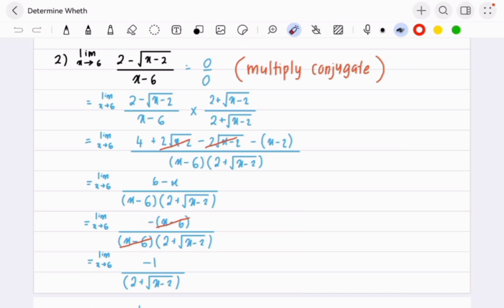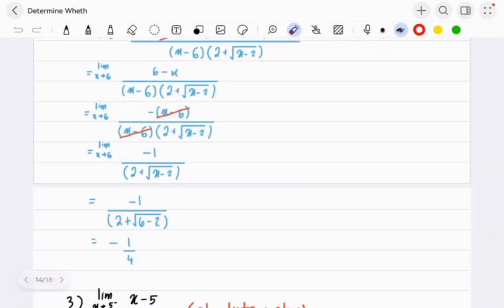So you can cancel out x minus 6. So your answer would be limit x approaching 6 of negative 1 over (2 plus square root of x minus 2). So you can substitute 6 into x. So negative 1 over (2 plus square root of 6 minus 2). And then your final answer would be negative 1 over 4.